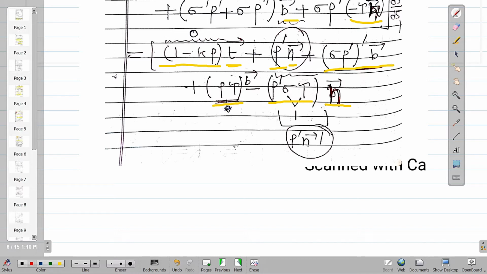If this product is equal to 1, then 1 minus 1 equals 0, so this term will be 0. Why will this term be 0? Because kappa tau is equal to kappa rho is equal to 1, and 1 minus 1 is 0. So this term will be removed.